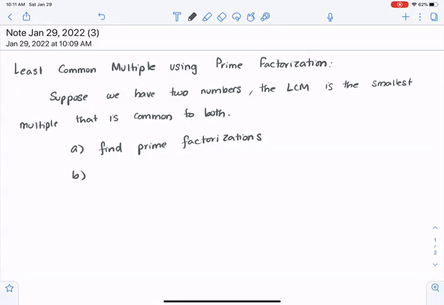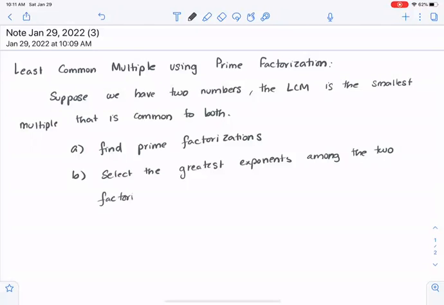Next, you pick or select the greatest exponents among the two factorizations for every factor and multiply the selections.